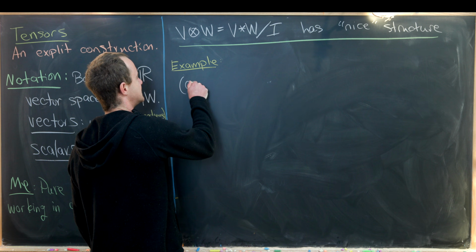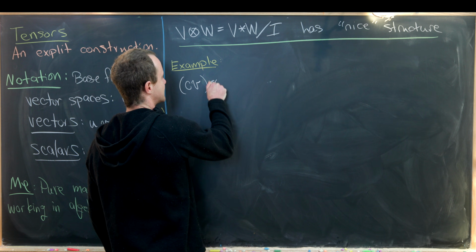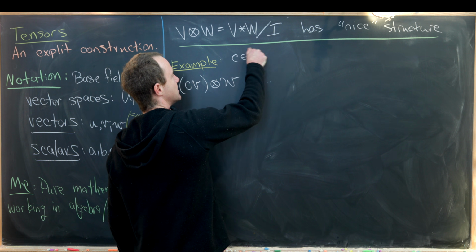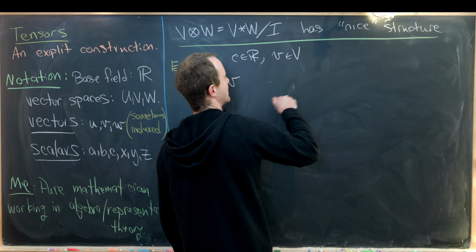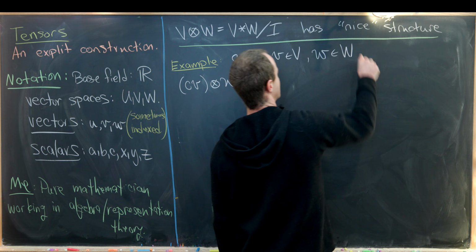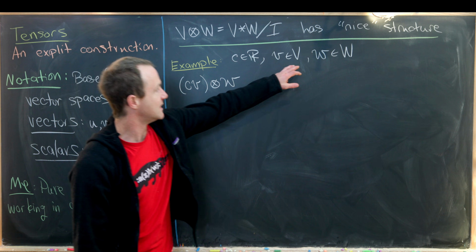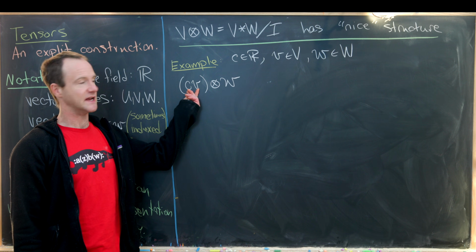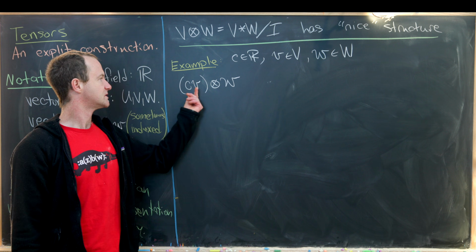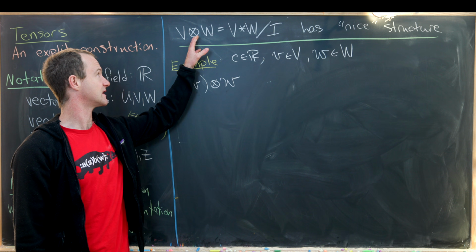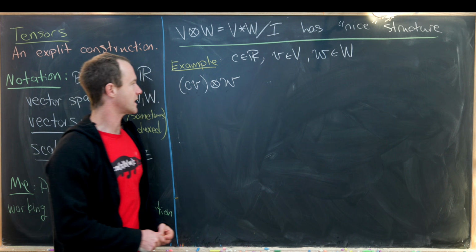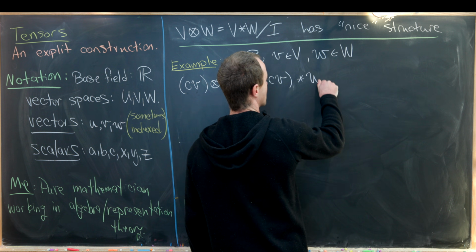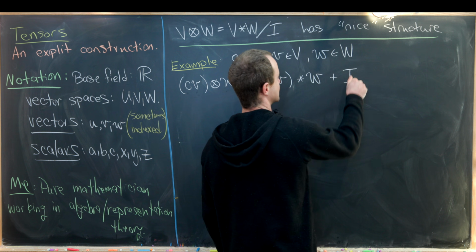So let's notice that cv tensor w. So let's just make sure we know what that means. So c is going to be a real number. v is going to be an element from V, and w must be an element from W. So since V as a vector space has a scalar multiplication rule, that means cv is also a vector from V. So this means that this guy right here is most definitely a vector in V tensor W. Okay, so let's recall that that was defined to be cv star w plus I, in other words, the coset.